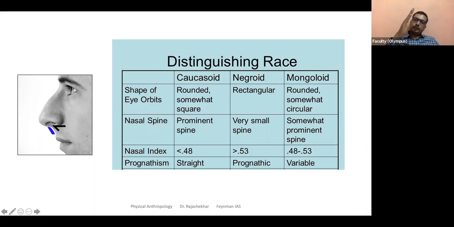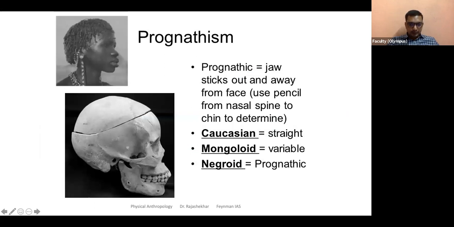We talked about that in gender differences in forensic anthropology: prognathism is relatively more common in males than females. In Caucasoids, it looks more or less straight. You don't see a prognathic nature. Whereas in Negroids, you find these prognathic faces. You see here, do you see the jaw, how it is actually sticking out? The jaw tends to stick out like this.